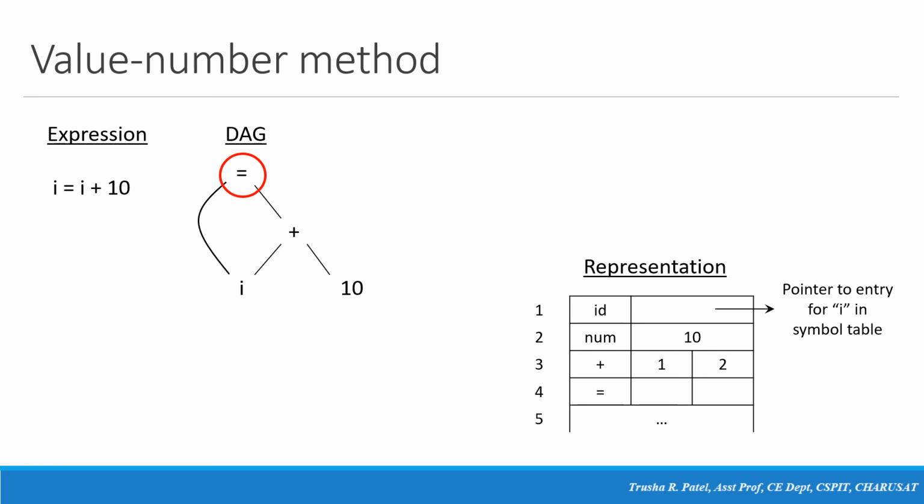The left child of equals to is i, and the right child of equals to is plus. So the entry of i is available at index 1 and the entry of plus is available at index 3. So along with equals to, 1 and 3 are written. This is the actual way we save the expression. The value number method is used for that.